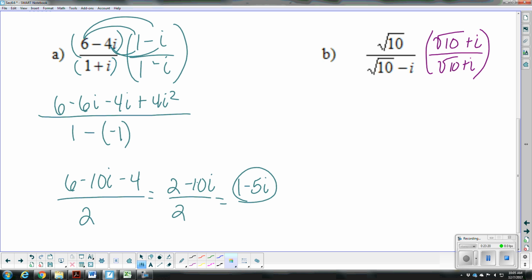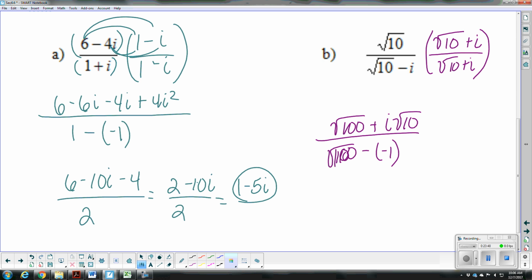In our numerator, we end up with square root of 100 plus i times square root of 10, and we'll simplify at the end, over the square root of 100 minus negative 1, which is our i squared.